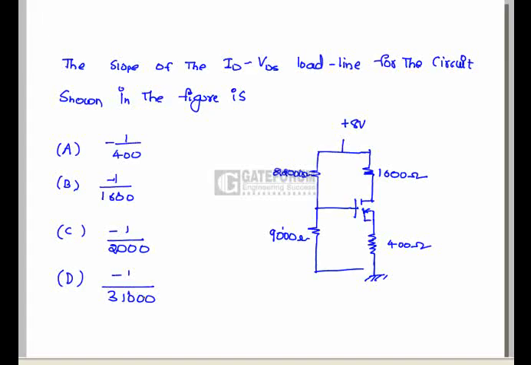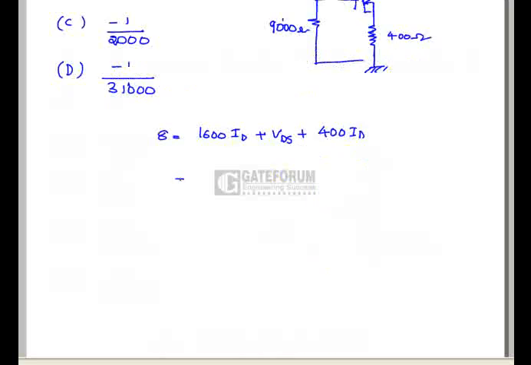Question is, the slope of the ID VDS load line for the circuit shown in the figure is. In order to find the slope of the ID VDS line, we need to apply KVL in the output loop. That is, 8 equals 1600 ID plus VDS plus 400 ID, equals 2000 ID plus VDS.